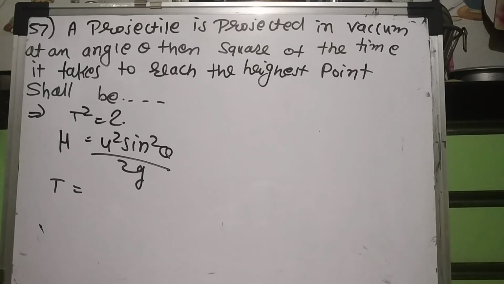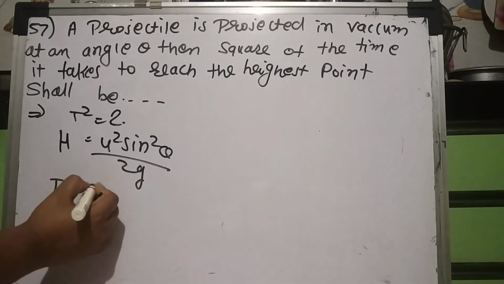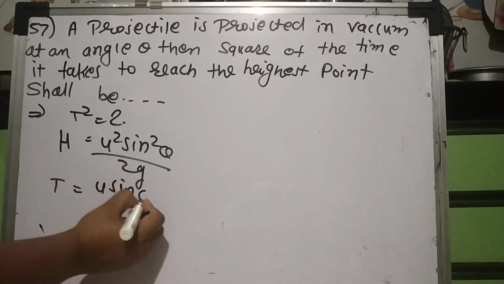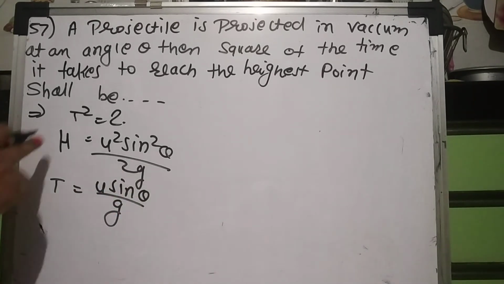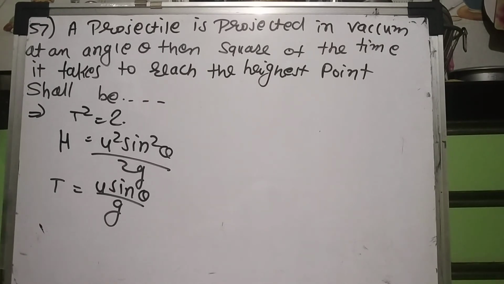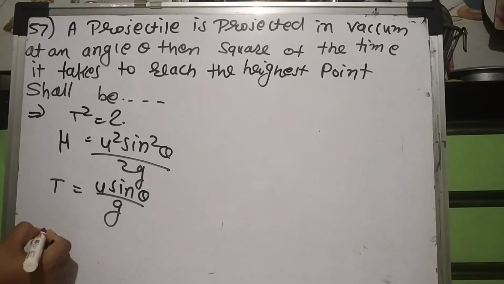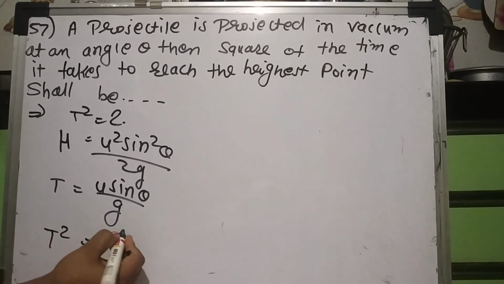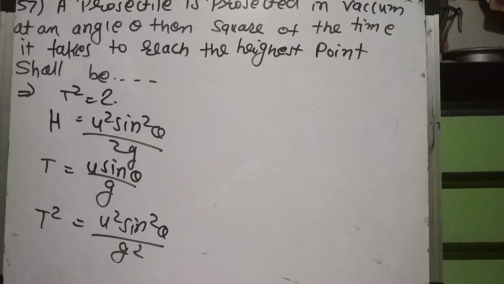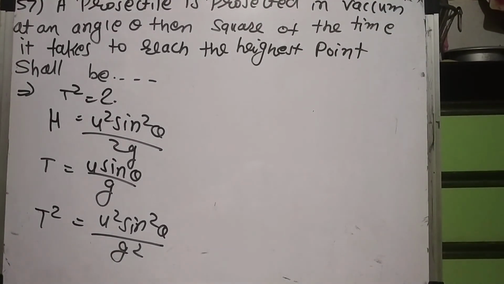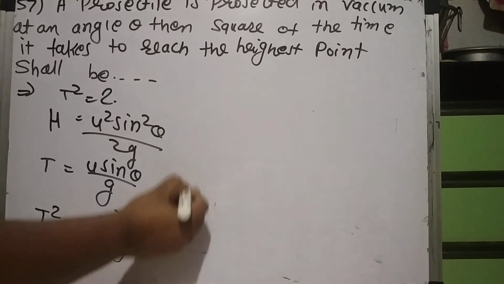T is equal to u sine theta divided by g. Therefore, we have to calculate t square. Simply squaring both sides of this equation, t square is equal to u square sine square theta divided by g square.